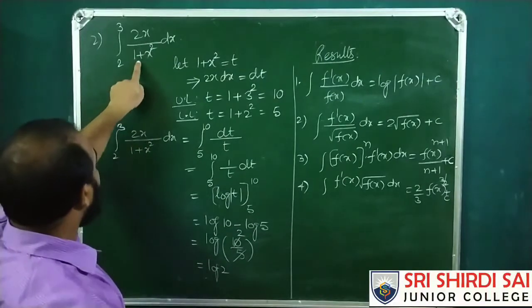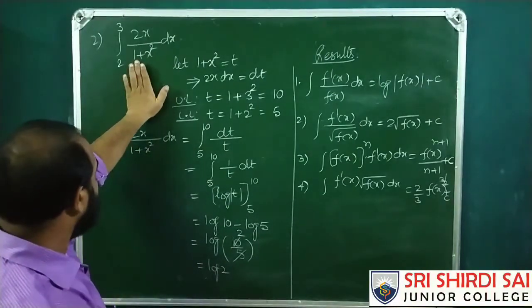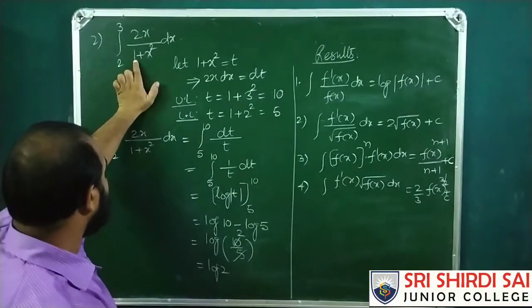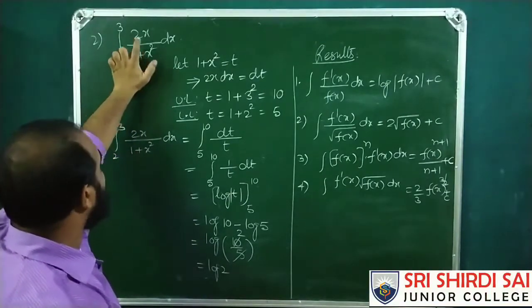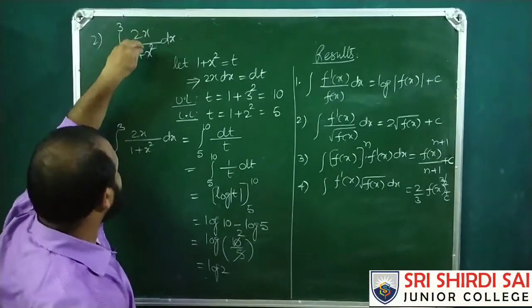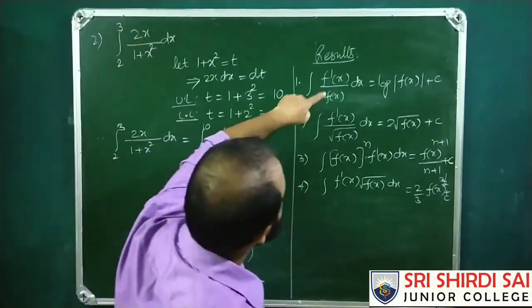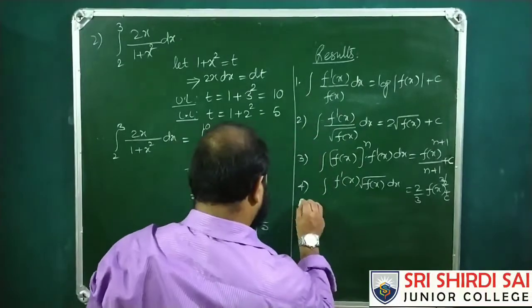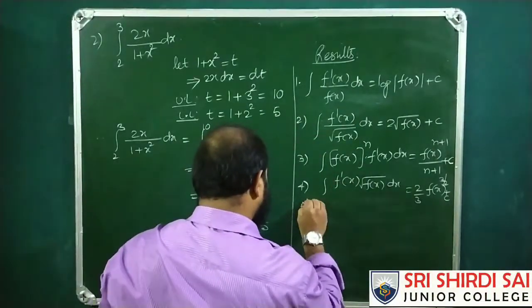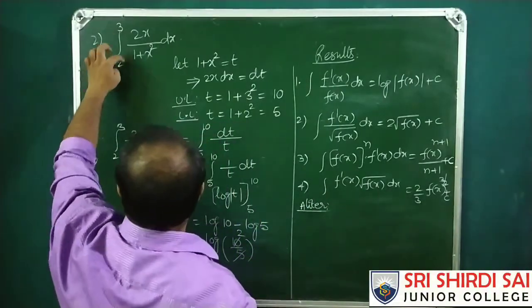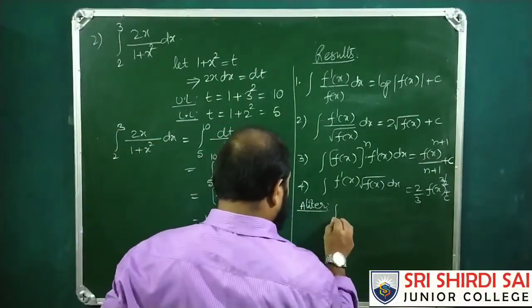See, this 1 plus x square is treated to be f of x. What is the derivative of this? The derivative of 1 is 0, and of x square is 2x. So it is f dash x by f of x. The integral of f dash x by f of x is log mod f of x.